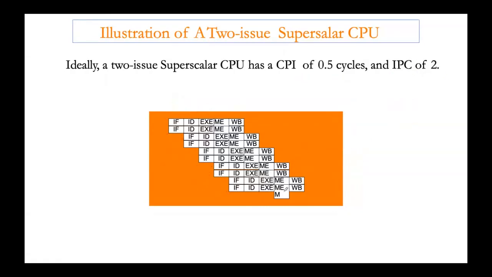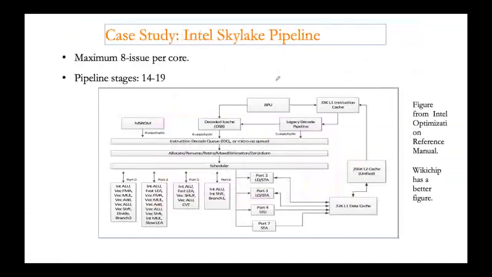Okay, so let us see one example, a case study of multiple instructions per cycle: the Intel Skylake pipelining. In this pipelining, it takes a maximum of 8 issues per core.